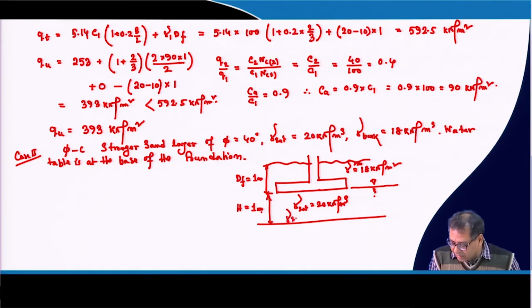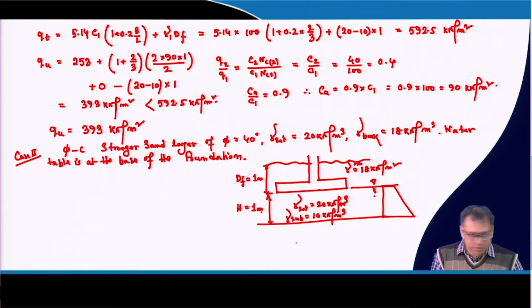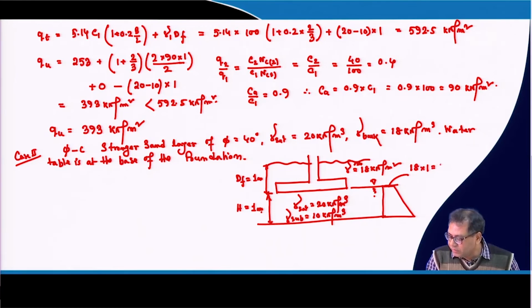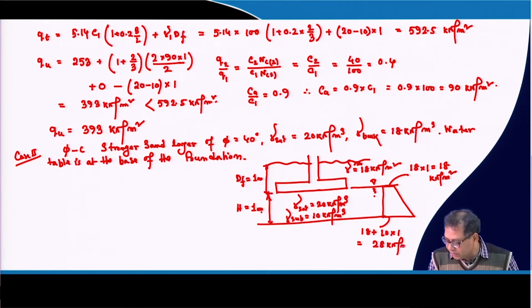So, gamma sub will be 10 kilonewton per meter cube, because unit weight of water is 10. This is the earth pressure distribution. For this portion it will be 18 into 1, that is 18 kilonewton per meter square, and here it will be 18 plus 10 into 1. So, this will be 28 kilonewton per meter square.